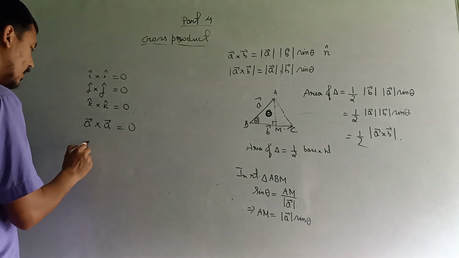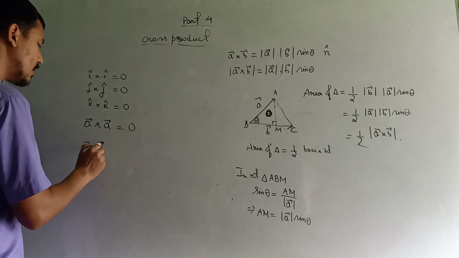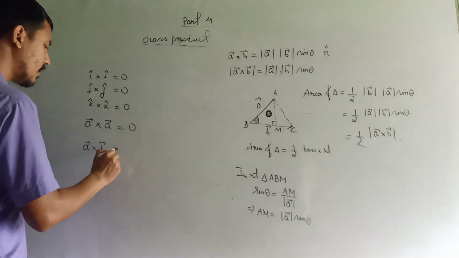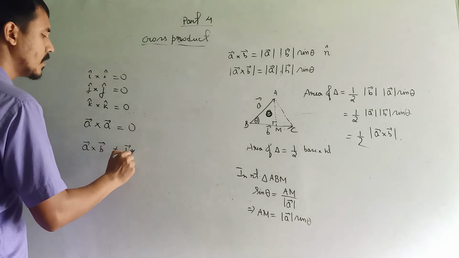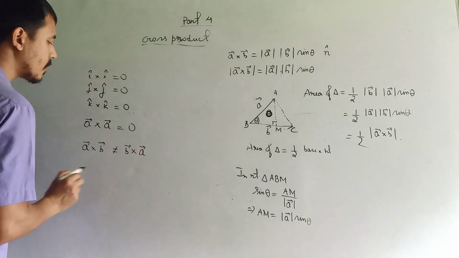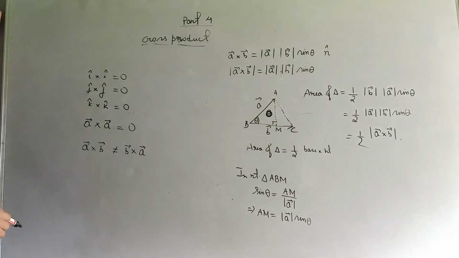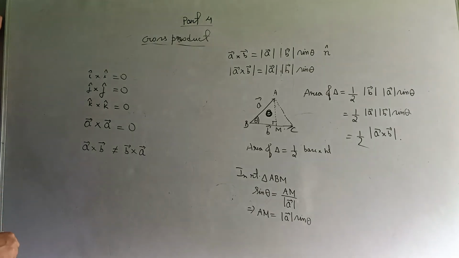And A cross B is not equal to B cross A. A cross B is never equal to B cross A.